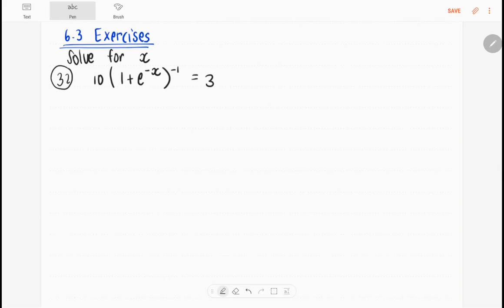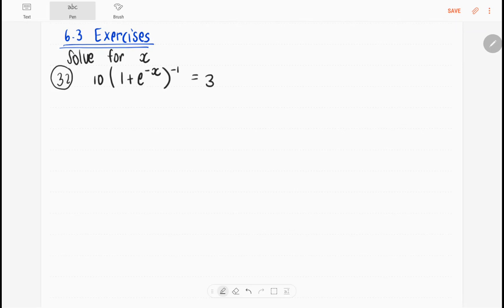We are now looking at the exercises under section 6.3. And the next two asks us to solve for x. So we have number 32, and it is 10 times 1 plus e to the minus x all to the minus 1 equals 3. So I just want to solve for x.